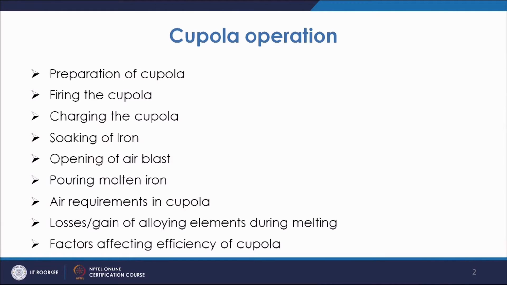Once the air blast is opened, in the later stages it increases the temperature of the molten metal which comes through the coke bed and trickles down into the bottom portion of the cupola, and then you pour the molten metal. So, this is how the process goes on in the cupola.